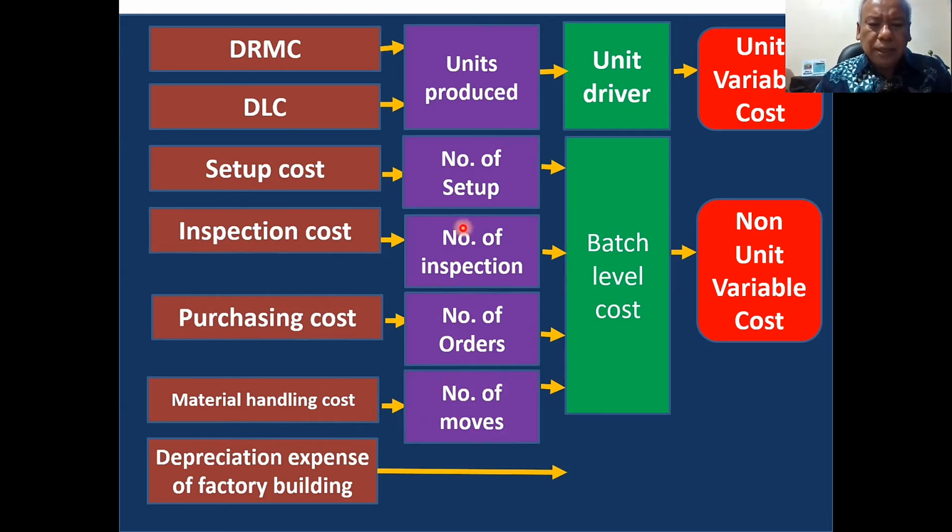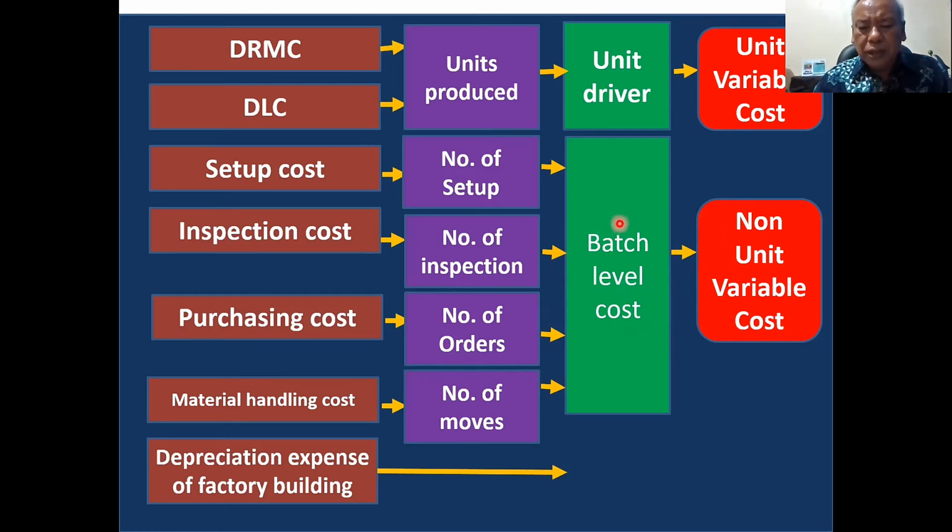So it means that all these costs in the functional base are treated as fixed costs. In the activity based cost behavior, the batch level costs will be classified as non-unit variable costs.